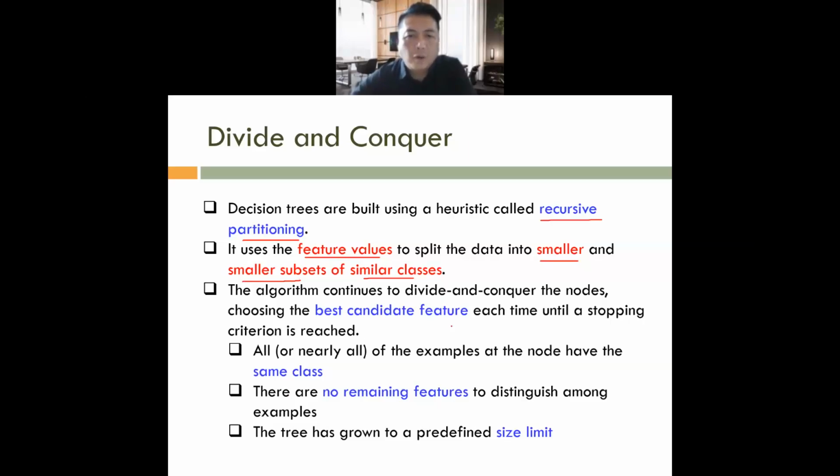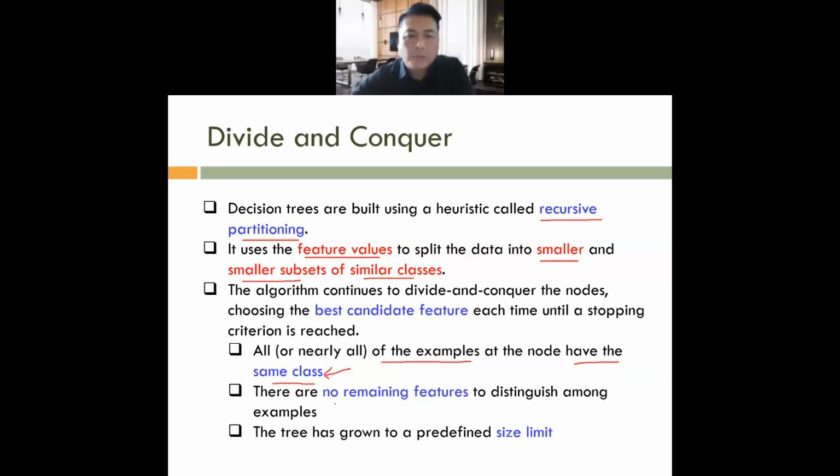So it will continue to split the data until all of your examples at the node have the same class, meaning you do not have to go further down because all the members in that particular node belong to the same class.